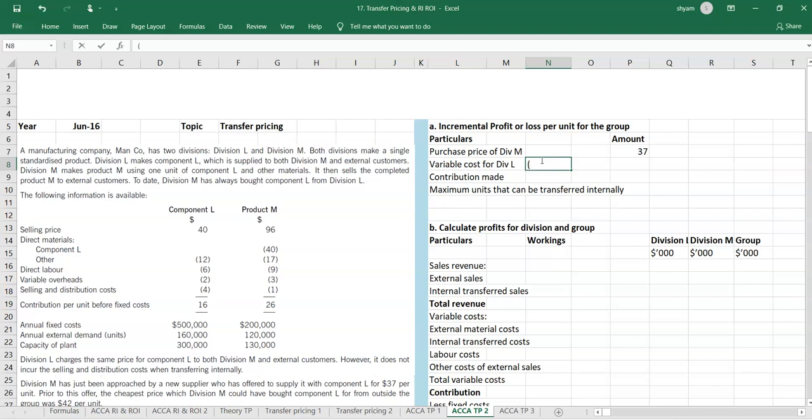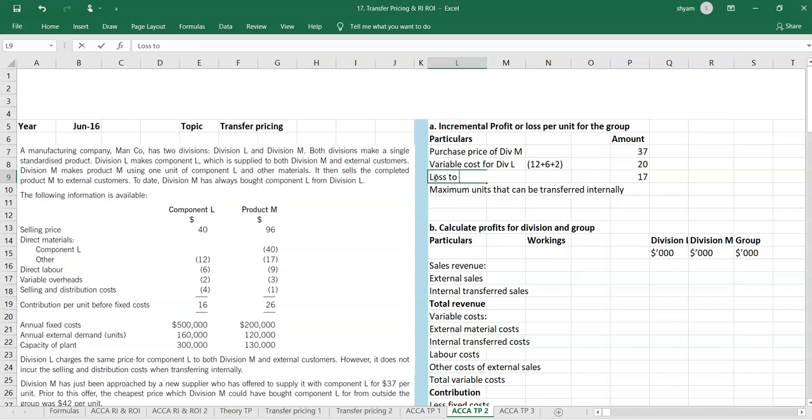It is going to be 12, which is the other material, plus 6 labor, plus 2 variable cost. Selling and distribution cost does not get incurred, so we can leave that. So this would be the cost incurred: 20.